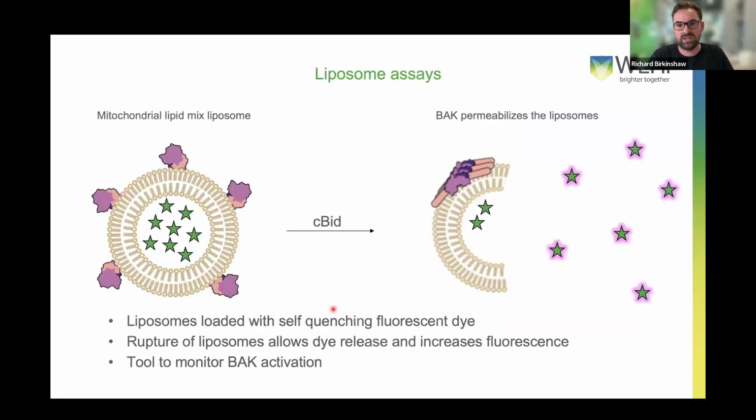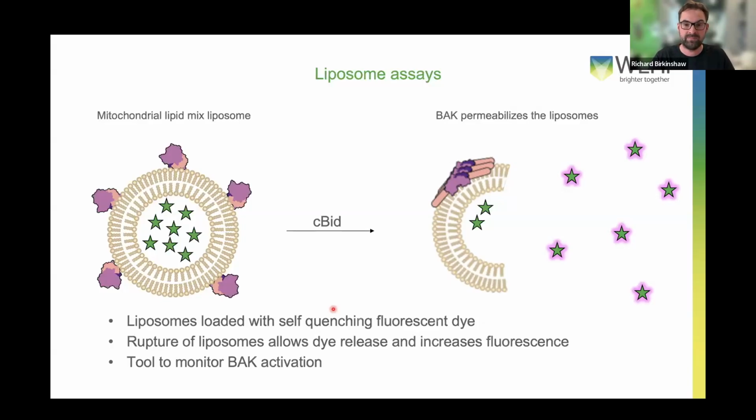In order to answer this question, we turn to a technique we use in our lab, specialized for looking at BAC breaking apart membranes. We use these liposomes. These are bilayers of lipids, mitochondrial outer membrane lipids, that we encapsulate a self-quenching fluorescent dye within.